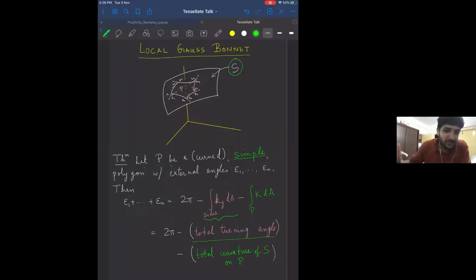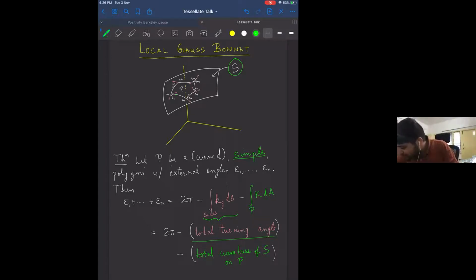So if there is somebody in the audience from high school, it doesn't matter if you haven't seen integration. What that means is that you're basically adding up those little instantaneous turning contributions all the way along the side.